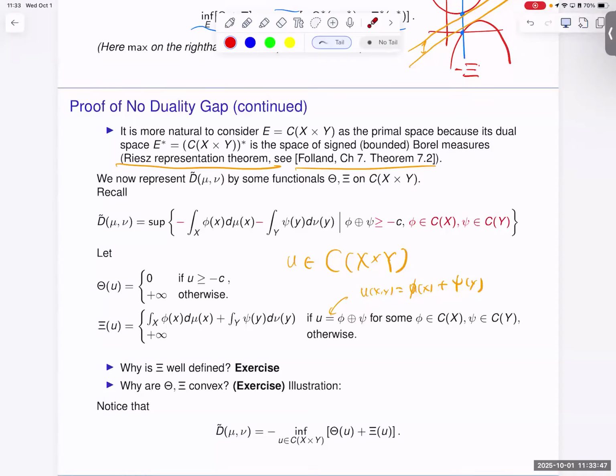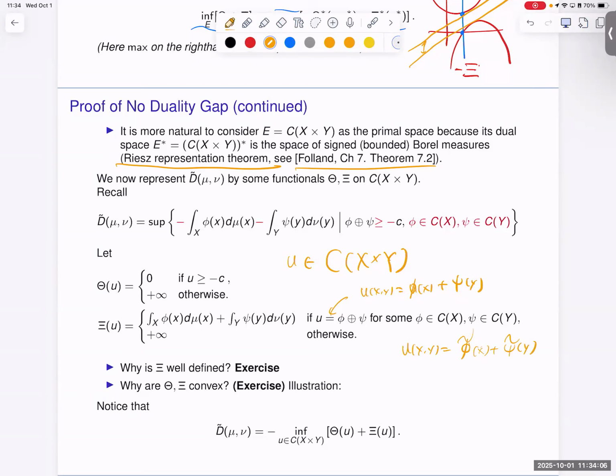So it's like this. Suppose you have different phi prime. Let me use tilde. Phi tilde, phi tilde, and psi tilde.